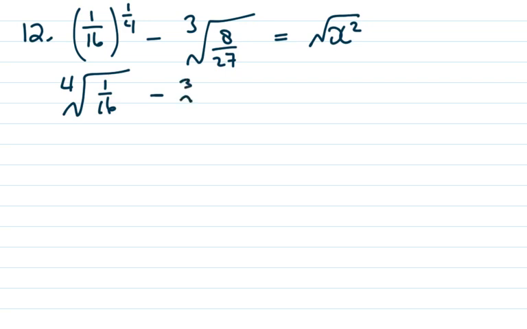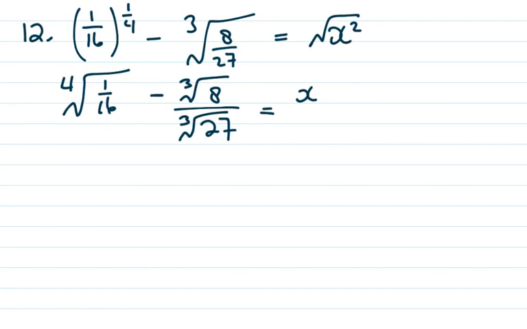So that would be the cubed root of 8 over the cubed root of 27 equals the square root of x squared. That would be the same as saying x to the power of 2 over 2, which is x to the power of 1, which is really just x. So I'm just going to get rid of that there. So it just equals x.